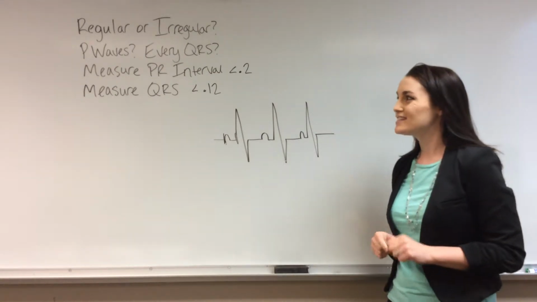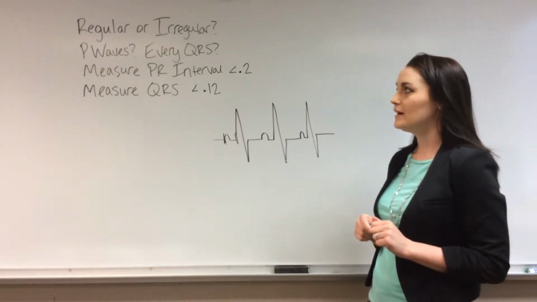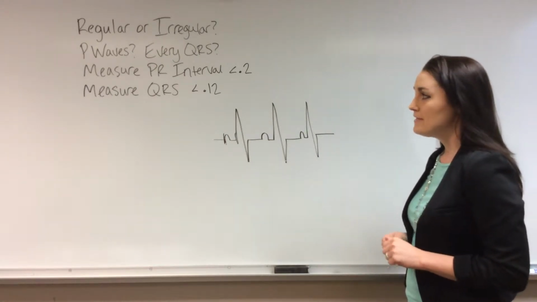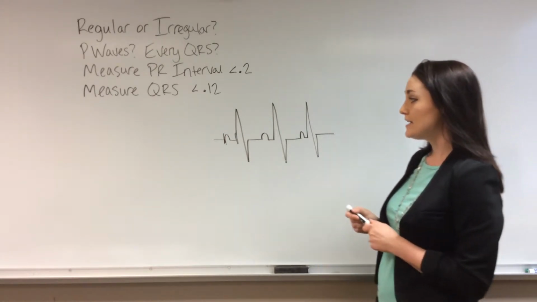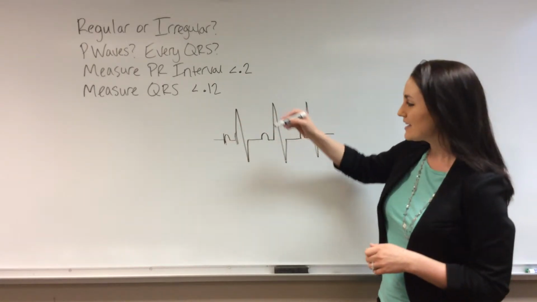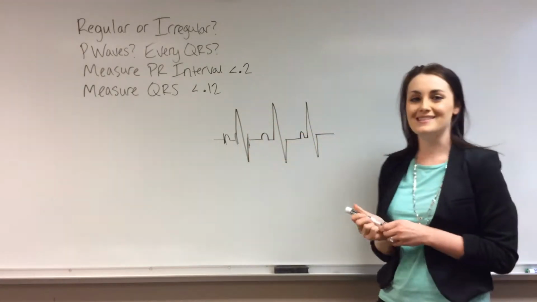And that PR interval is going to be important when we start talking about the different AV blocks as we go on. And then we're going to measure the QRS, which is from that Q wave, that slight downward deflection, to our S right here. And that we want to be less than 0.12.